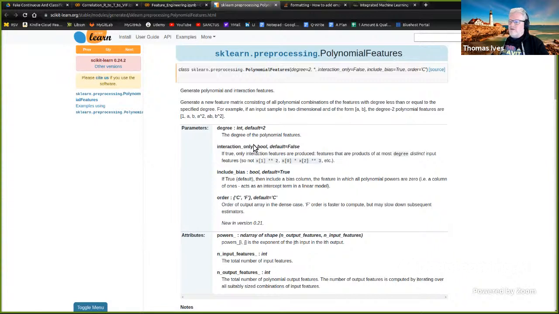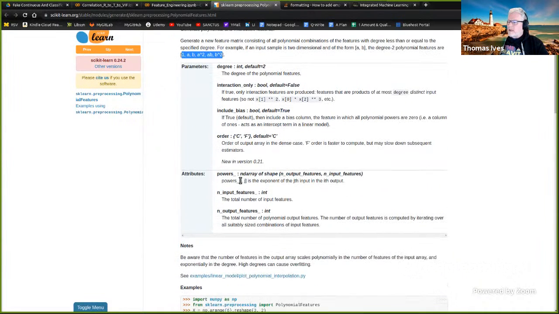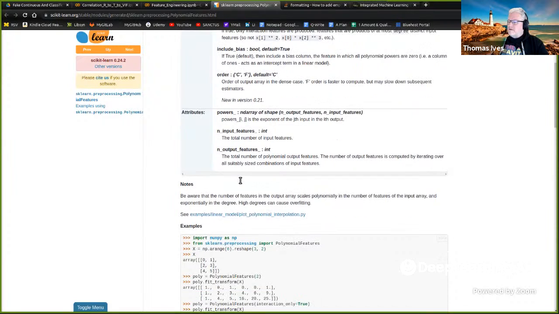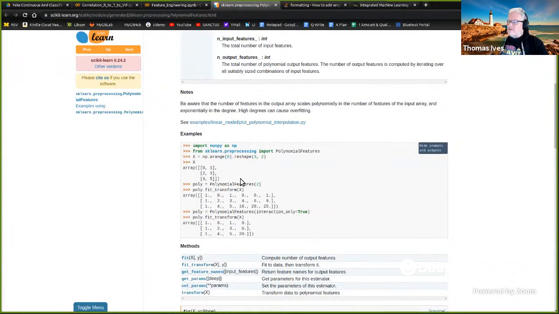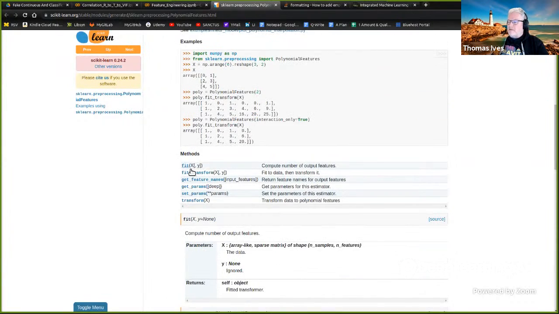These are actually written quite well, but sometimes to understand them better, you really need to experiment, like taking an option, going without that option. You can see they're doing the same problem we were just doing. They have examples, and then they show the methods that belong to the polynomial features class.